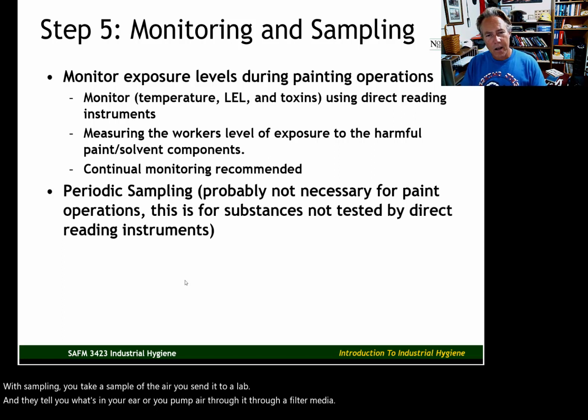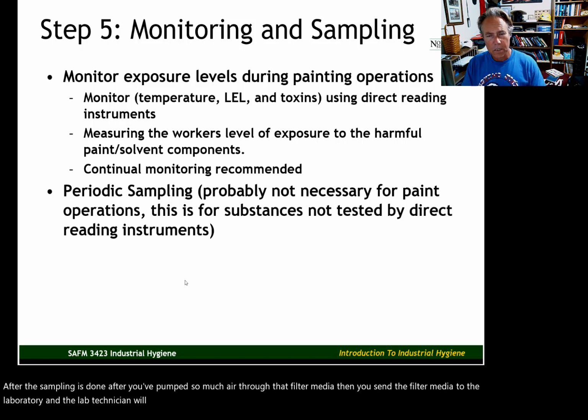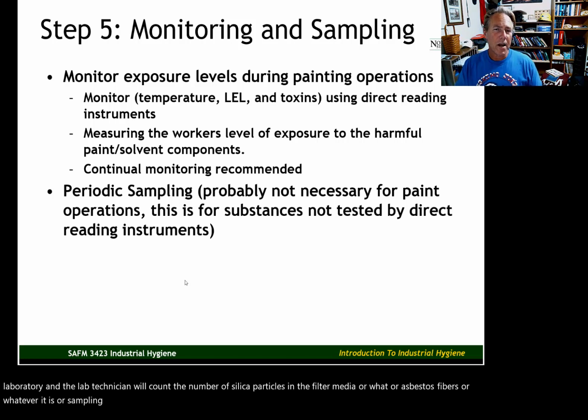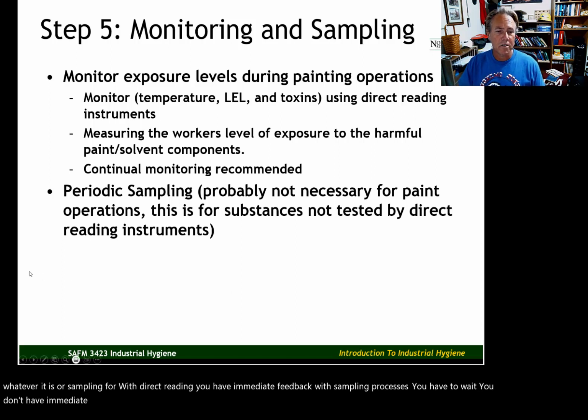After you've pumped so much air through that filter media, you send it to the laboratory, and a lab technician will count the number of silica particles in the filter media, or asbestos fibers, or whatever it is we're sampling for. With direct reading, you have immediate feedback. With sampling processes, you have to wait.